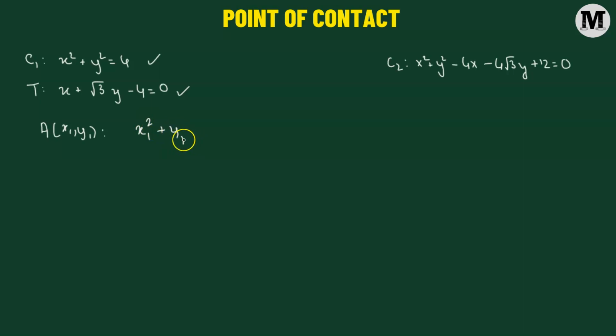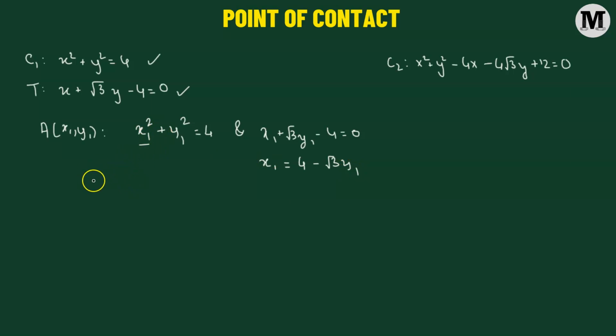This will get us x1 squared plus y1 squared equals 4. And the equation of the line will become x1 plus square root of 3 times y1 minus 4 equals 0. So here, if we isolate x1, that's going to be equal to 4 minus square root of 3 times y1.